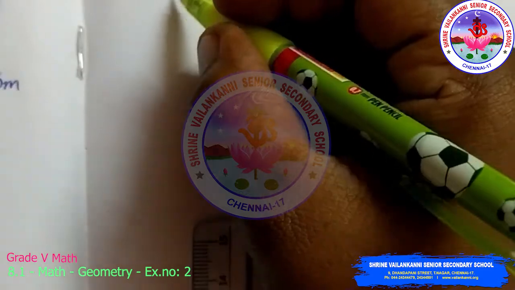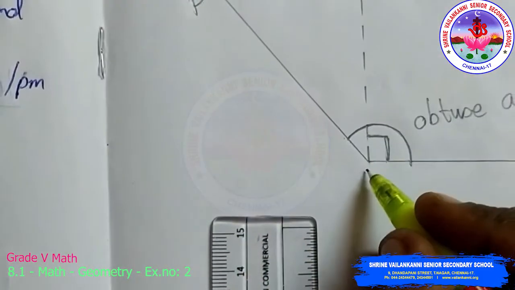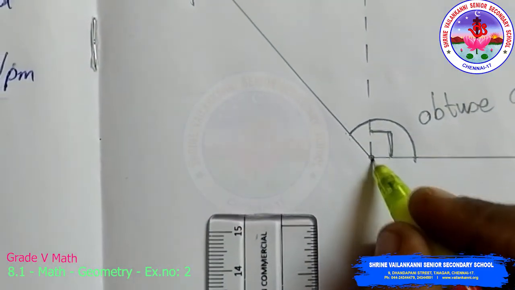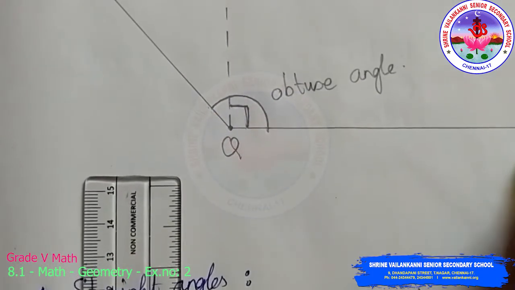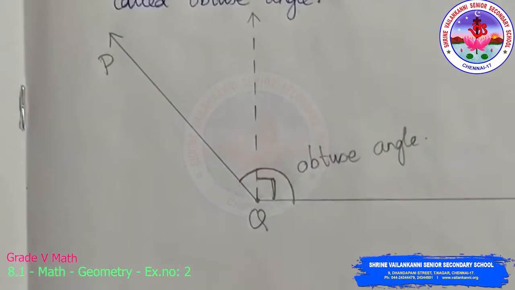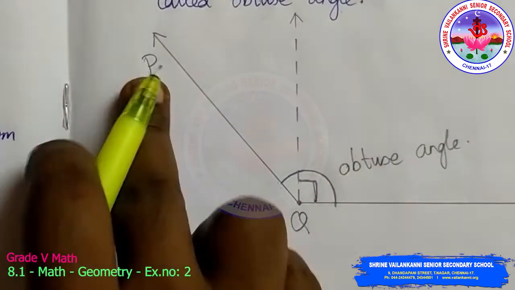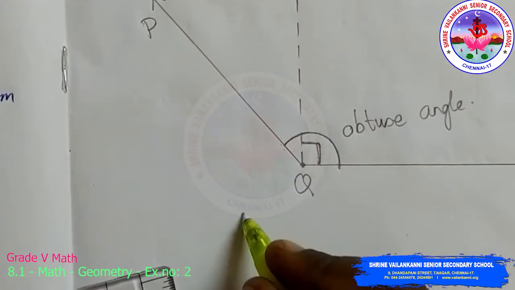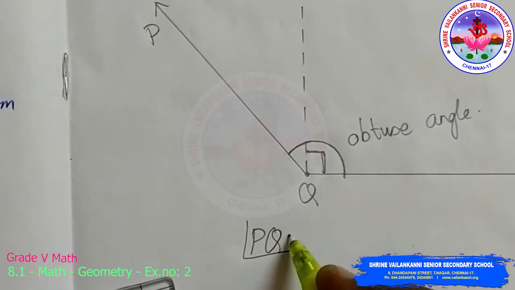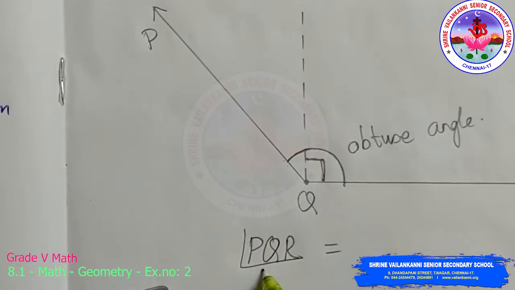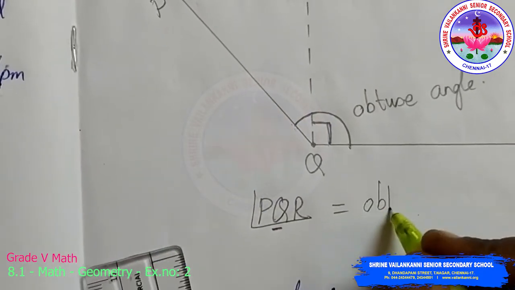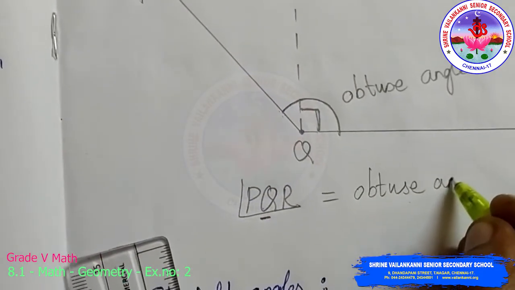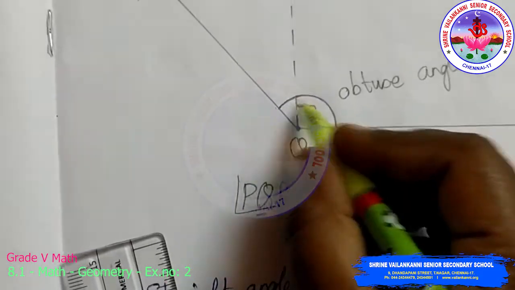Here I can mark it with alphabets P, meeting at a point Q, and R. So the angle PQR, with Q as the vertex, is said to be an obtuse angle. The angle can be anything.